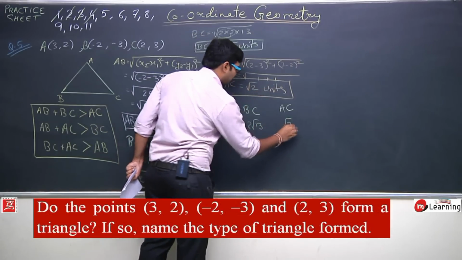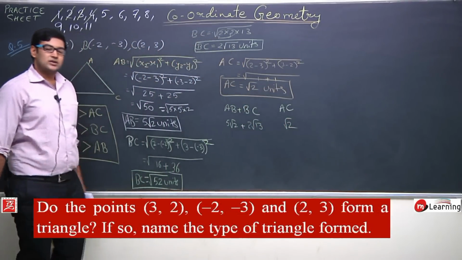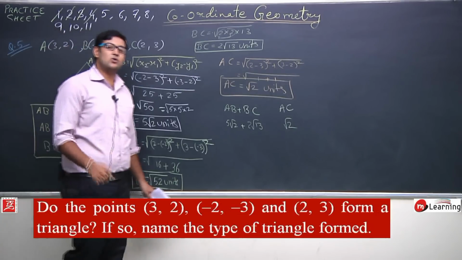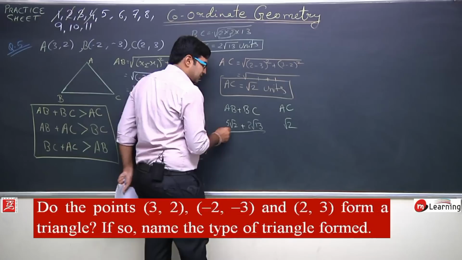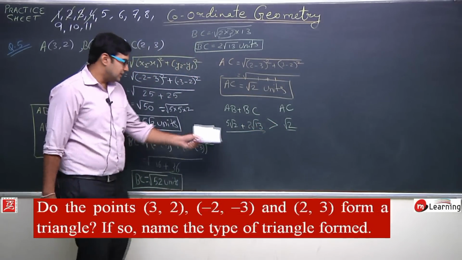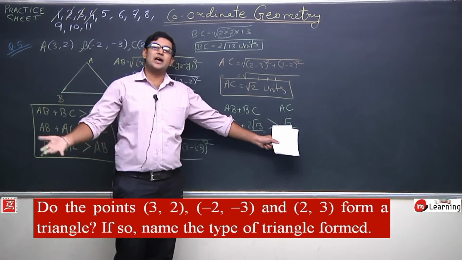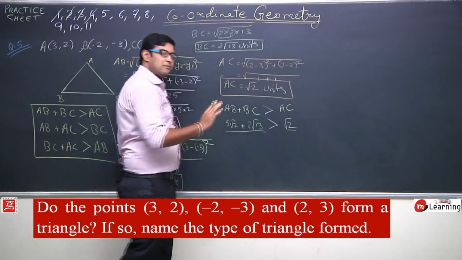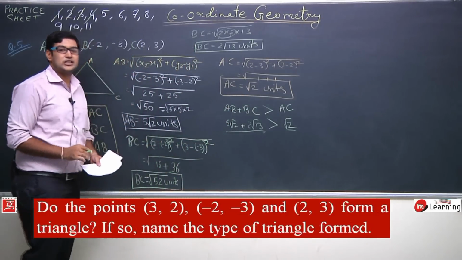It is root 2. Is AB plus BC greater than AC, is this condition followed? Is this expression greater than root 2? Yes, definitely. This expression is greater than root 2. This means AB plus BC is greater than AC. Okay, this condition is followed.